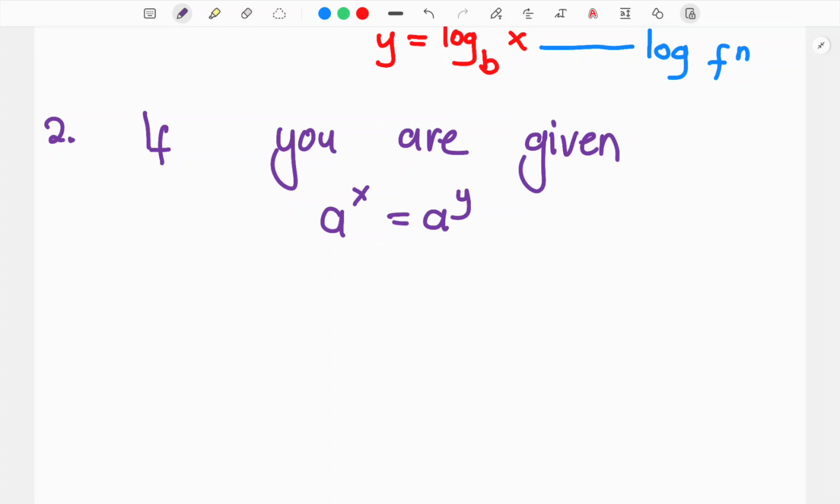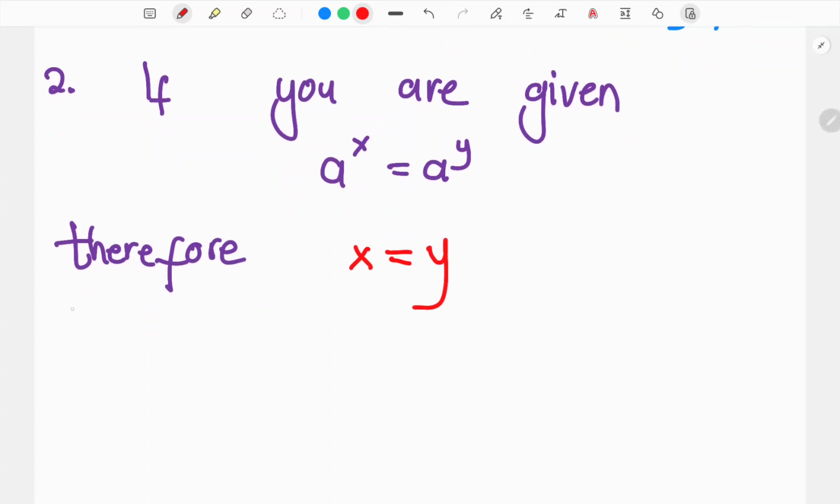If the bases are the same on both sides of the equal sign, therefore your exponents will be equal. So a to the power x equals a to the power of y. Then what happens to your exponent? The exponents are equal.